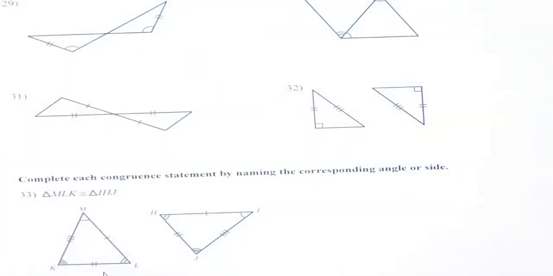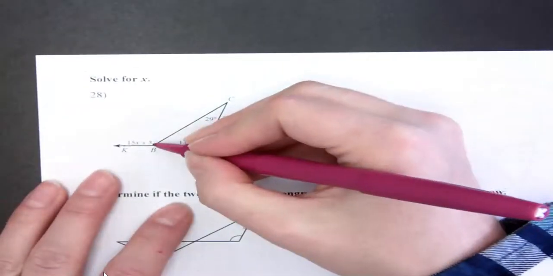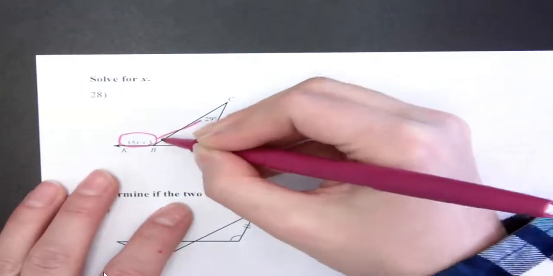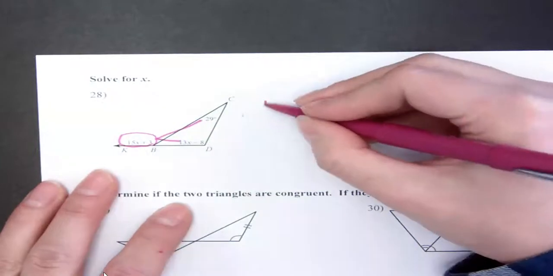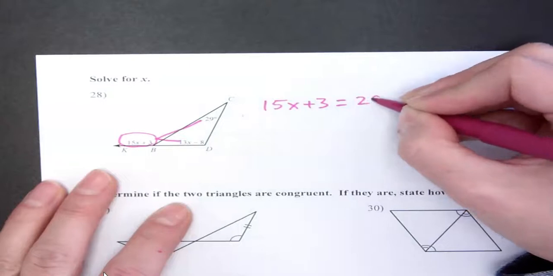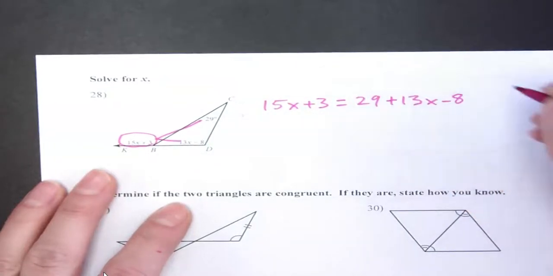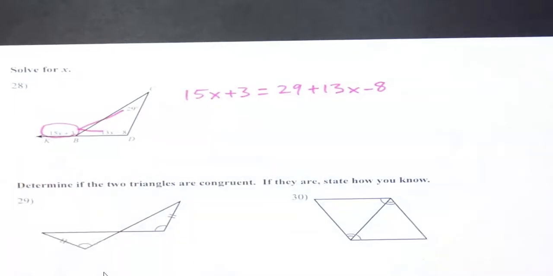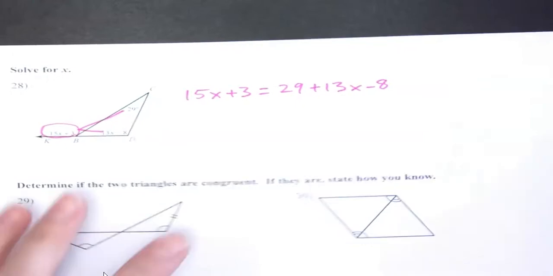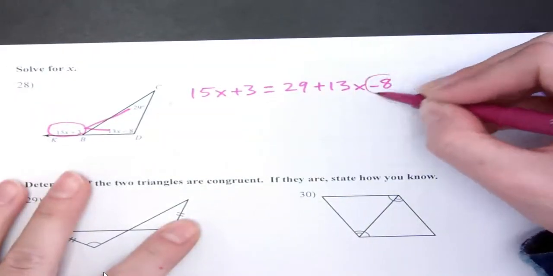All right. Now we have that same rule, it's just exterior equals those two added together. So I have 15x plus 3 equals 29 plus 13x minus 8. And so first step is combine like terms.